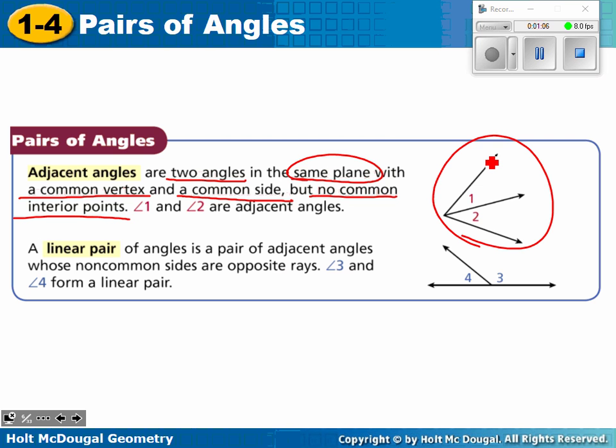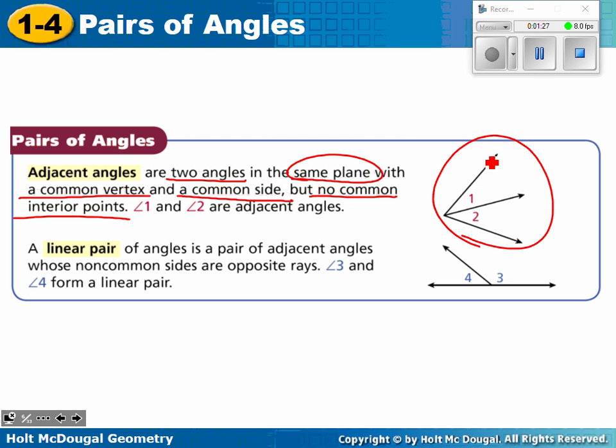Be careful though, if I draw this picture up here on the board, and let's say I have angle 1, angle 2, but then I have this big angle, angle ABC.